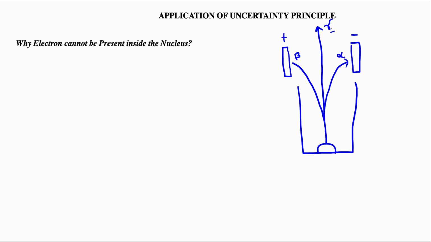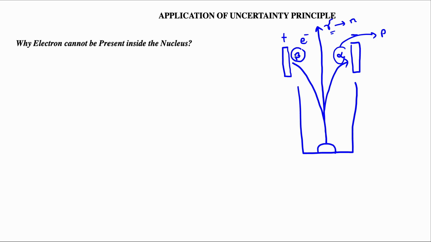Now, gamma radiation is due to neutron which is present inside the nucleus. Alpha radiation is due to proton which is inside the nucleus. Beta radiation is due to electron which is outside the nucleus, but we need to test it.